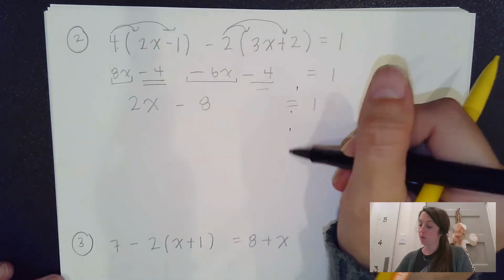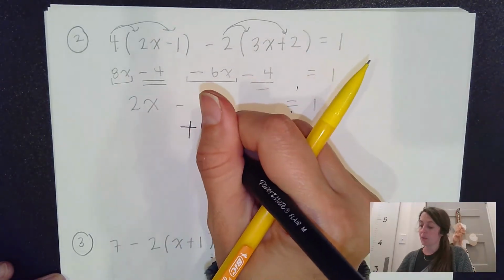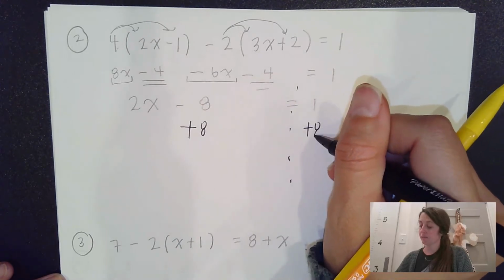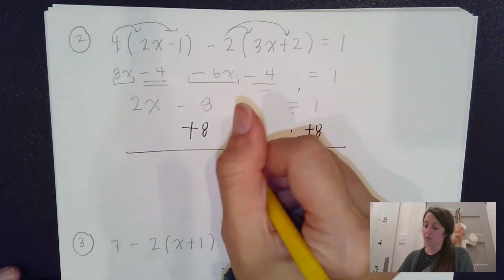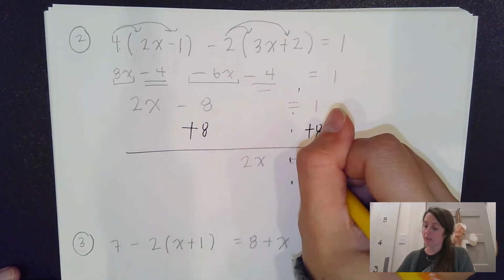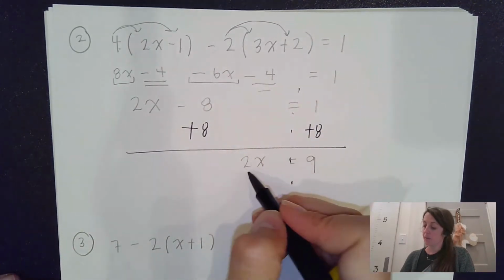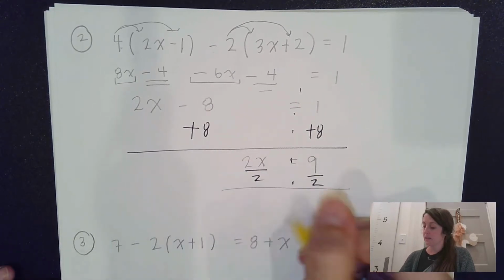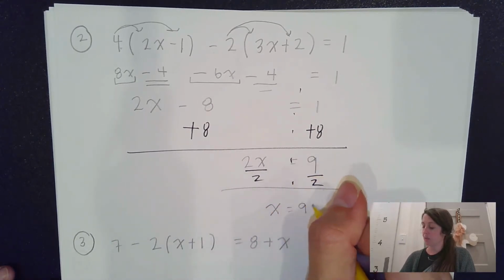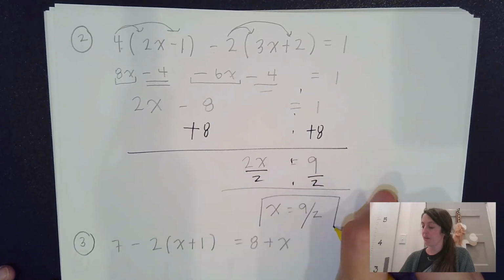So now I'm going to go across that equal sign. So I'm going to add the 8. So what I'll be left with over here is the 2x. So I'll have 2x equal to 9. Then I'm going to divide both sides by 2. So I'm going to have x equal to 9 halves. And that's okay to have a fraction.